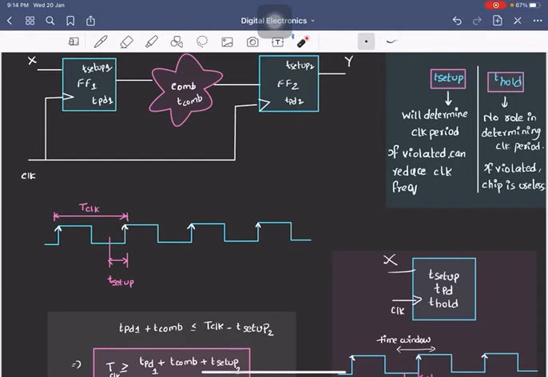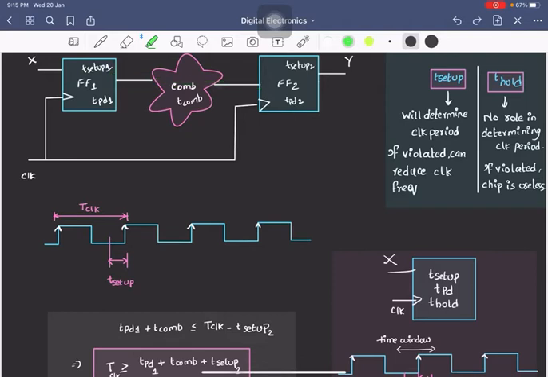The paths you should consider in any digital circuit to determine the timing conditions should start from a flip-flop and end at a flip-flop, with no other flip-flops in between. Here a path can be shown as this: it starts from this flip-flop, traverses right here, and ends at this flip-flop.